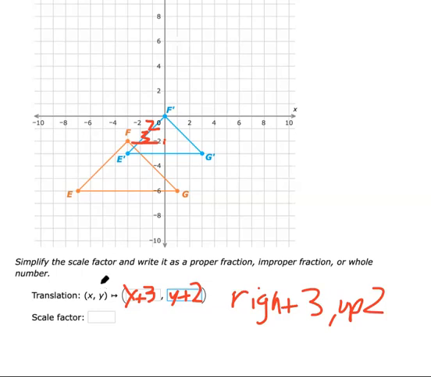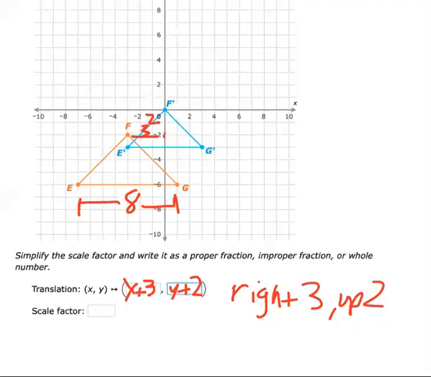All right, my scale factor in this one, I'm going to look at the line EG and the image of EG right there, so the distance between these two. That's going to be 8, and then this one over here is going to be 6, because I'm going from -3 to +3: 1, 2, 3, 4, 5, 6.